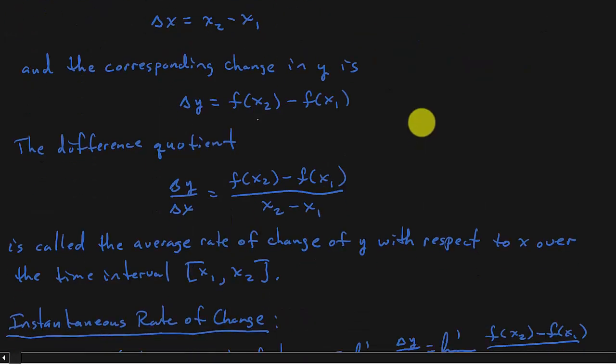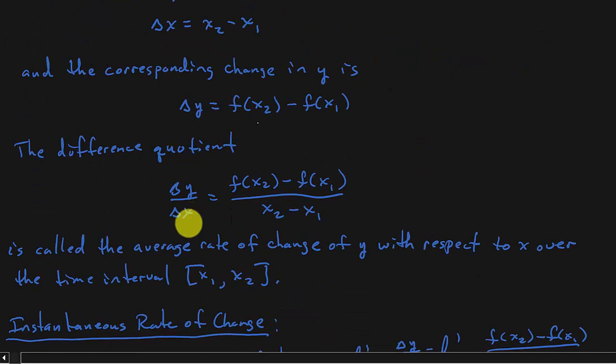The difference quotient, delta y over delta x, which is f of x2 minus f of x1 over x2 minus x1, is called the average rate of change of y with respect to x over the interval x1 to x2. Okay, so there's your average rate of change.